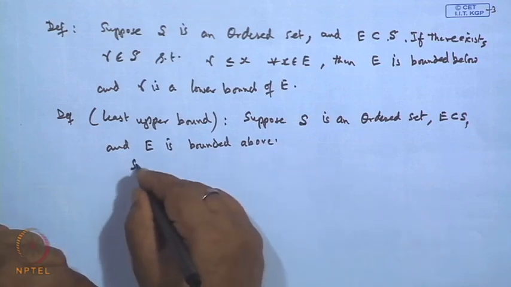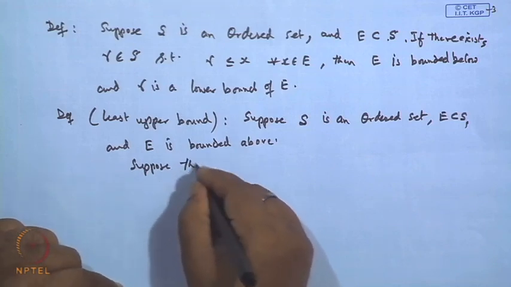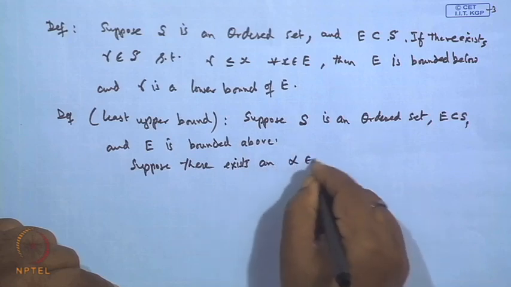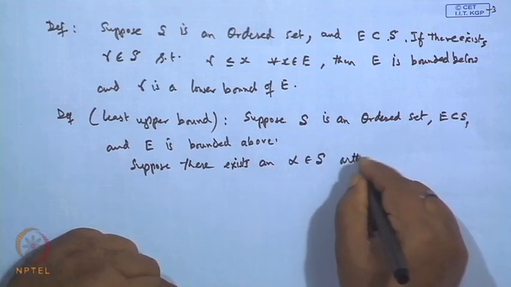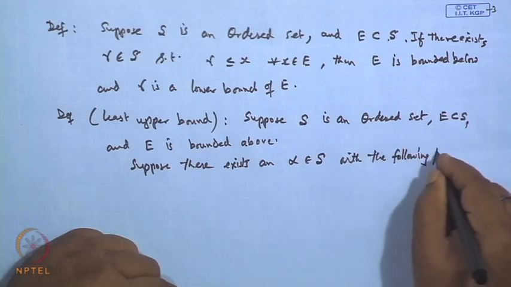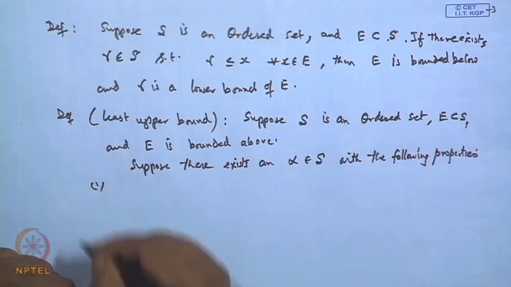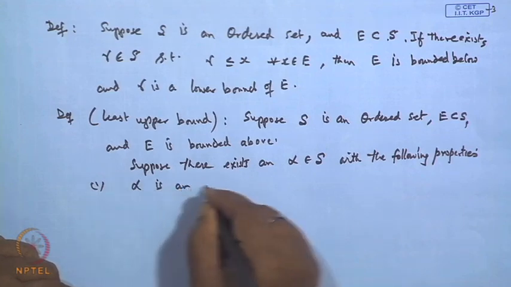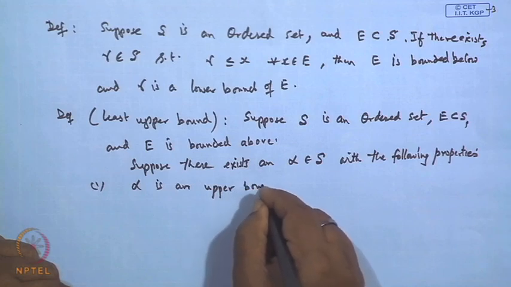Now, suppose there exists an alpha belonging to S with the following property. Alpha is an upper bound of E.